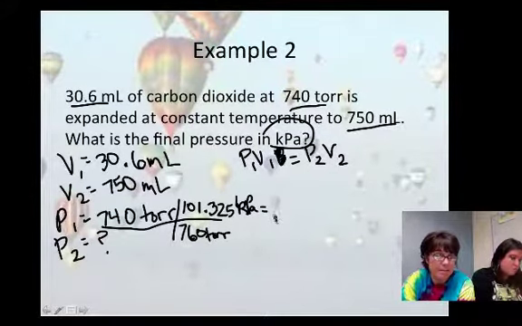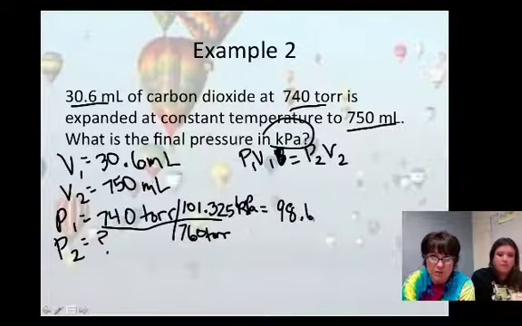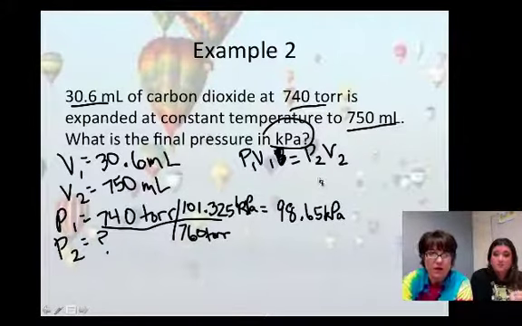What do we get? 98.6586. Okay, so we wouldn't round the number in our calculator, but I'm not going to write all the calculator vomit on the screen.